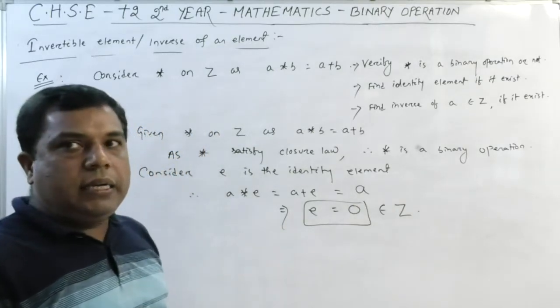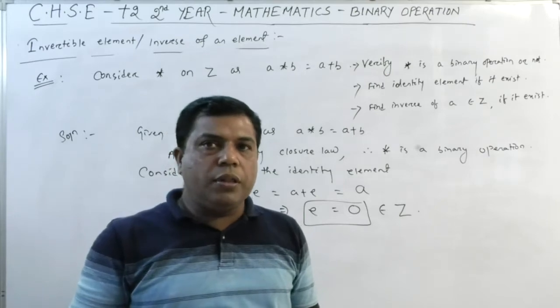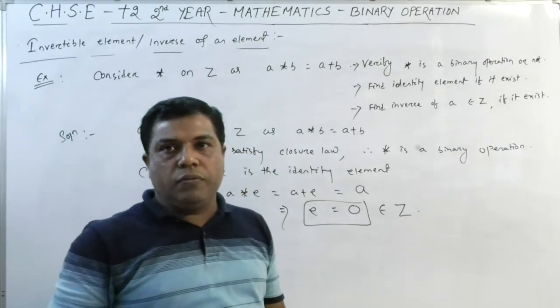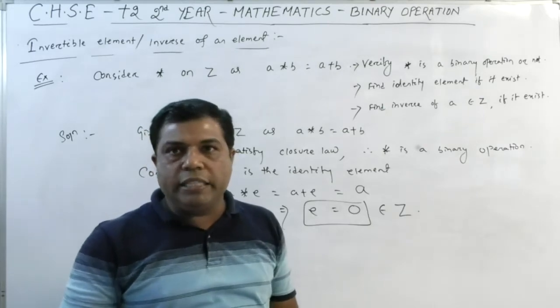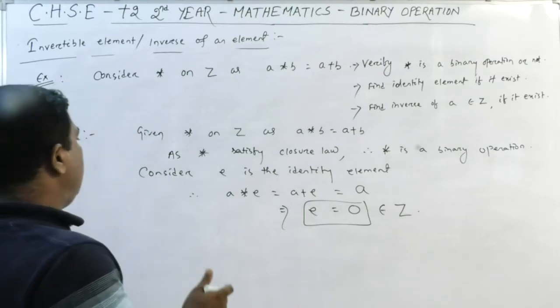Now that the identity is obtained, we go for whether the inverse of an element belonging to Z exists or not. That we have to check. How to check?